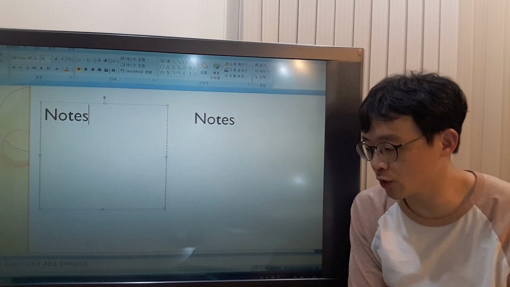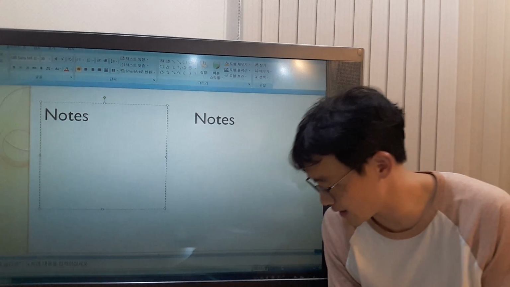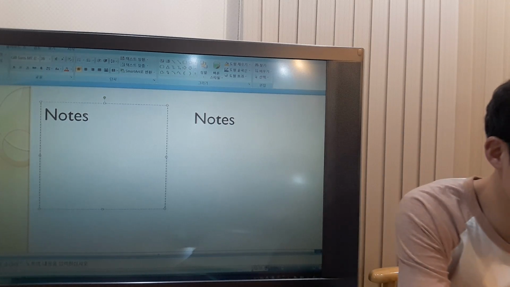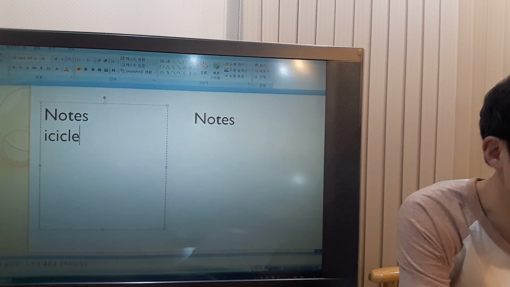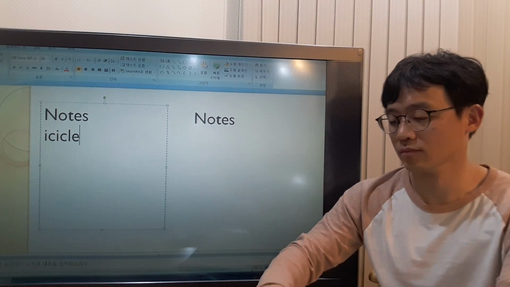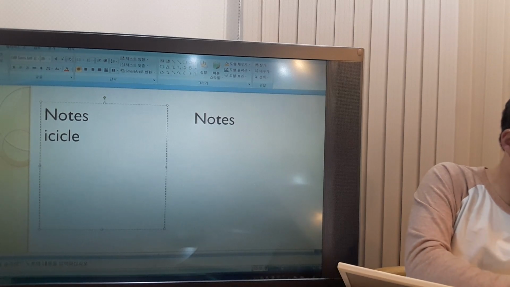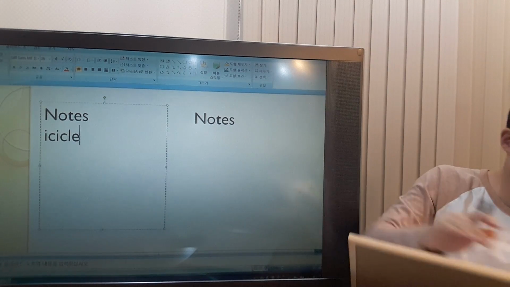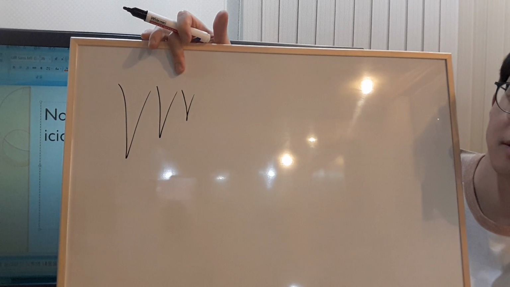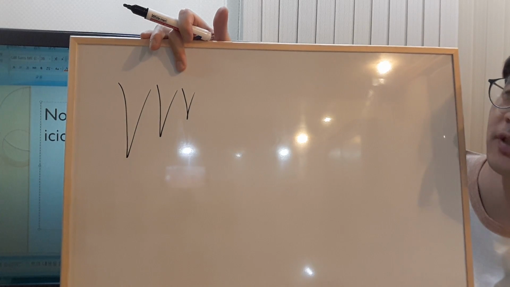I'm sure you all know that the icicle-like and cone-like formations found in caves are stalactites and stalagmites. I'm sure you all know that the icicle-like, what is icicle? Icicle is a long piece of ice, okay, forming, hanging down from a surface, okay.